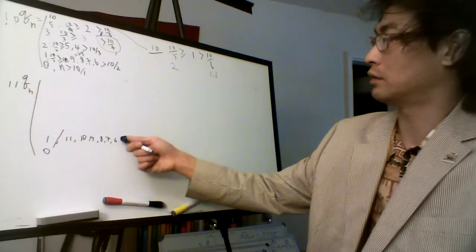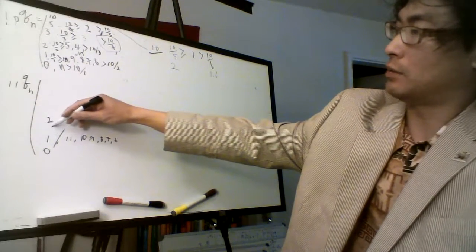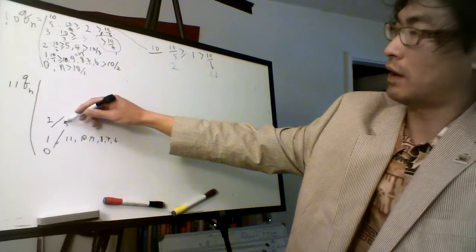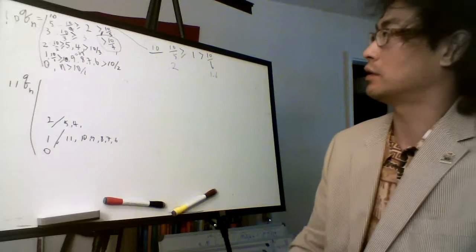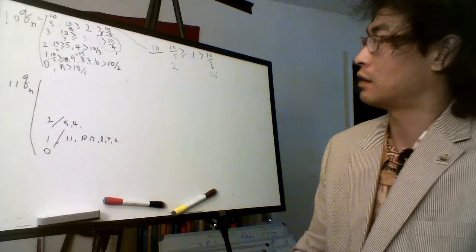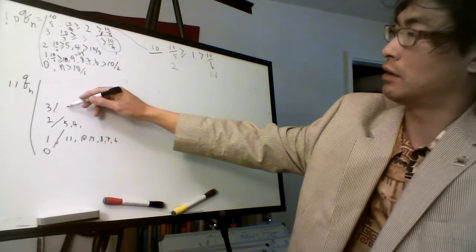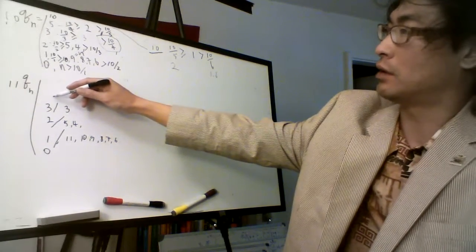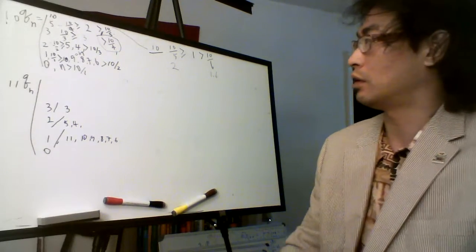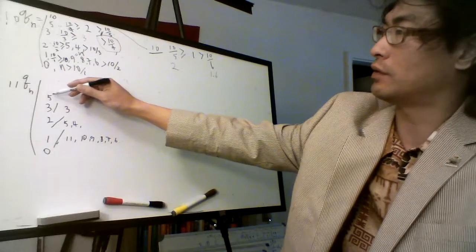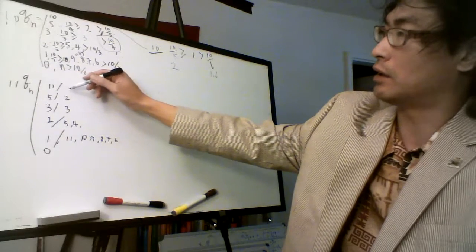Not 5. Quotient is 2 when it's divided by 5, 4. That's it. Quotient is 3 when it's divided by 3. There's no quotient 4. Quotient is 5 when we divide by 2. And quotient is 11 when we divide by 1.